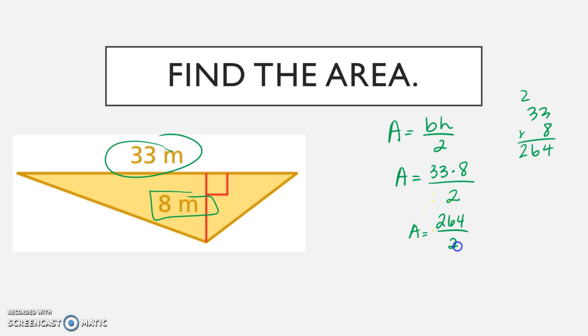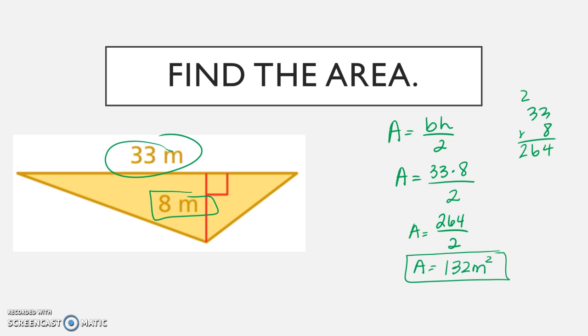And then we need to take that product and divide it in half. So we should have 132. And our meters is our label, and area is always squared. So 132 meters squared.